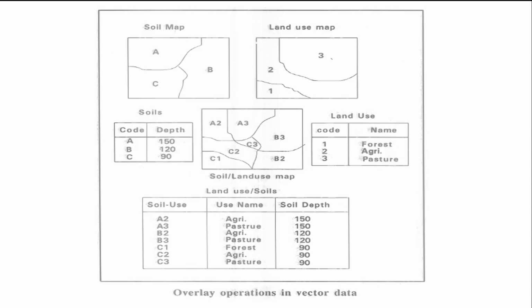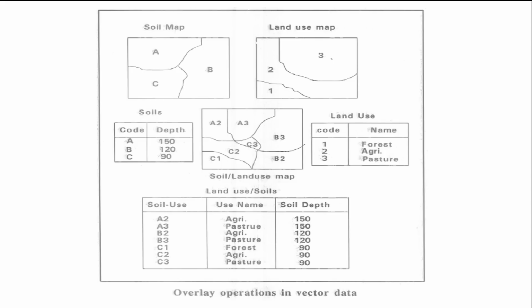But anyway, in this very simple example, one set of attributes for A, B, C gives the depth of soil. Whereas in the case of land use, the codes or IDs for different polygons are 1, 2, 3, and the land use of the different polygon units is forest, agriculture and pasture.